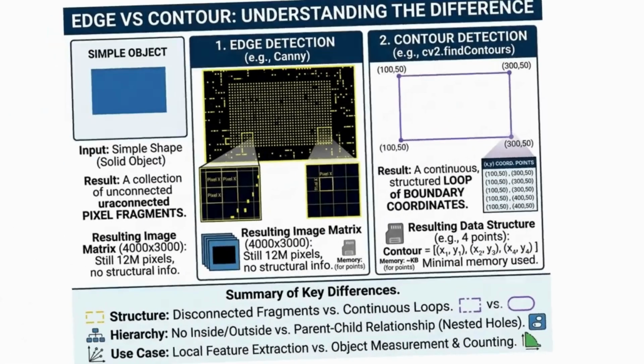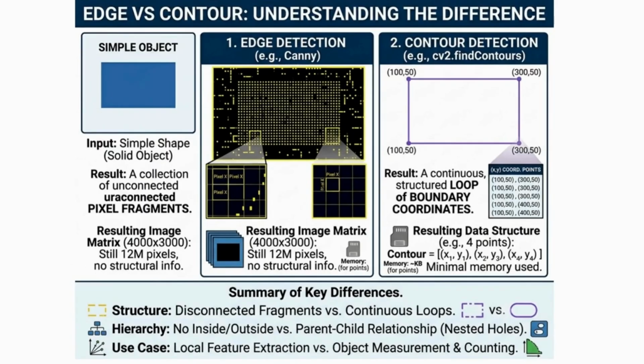An edge is only an intensity change, so it calculates the intensity change, but a contour is a complete closed boundary. Think of edges as individual pencil strokes showing where brightness changes, but a contour is what you get after connecting those strokes into a complete outline of an object.